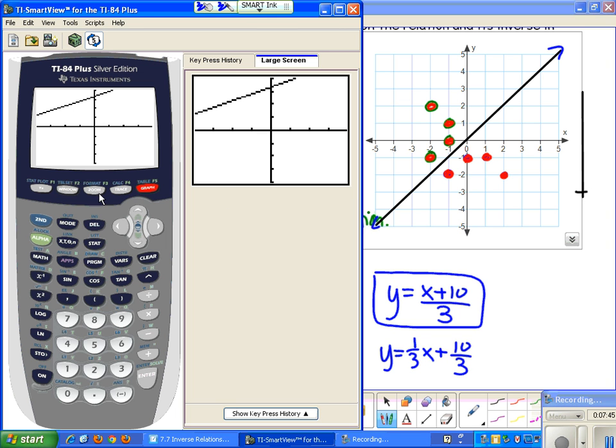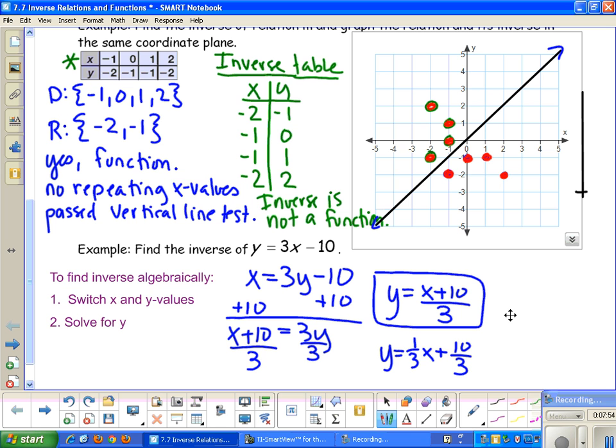And notice that if we were to graph this, even if I zoom standard window, it passes the vertical line test. Therefore, I know it's going to be a function. So we could write that this is a function, even though that wasn't the question. So it's nice that we have a graphing calculator to help us tell whether or not an inverse is a function.